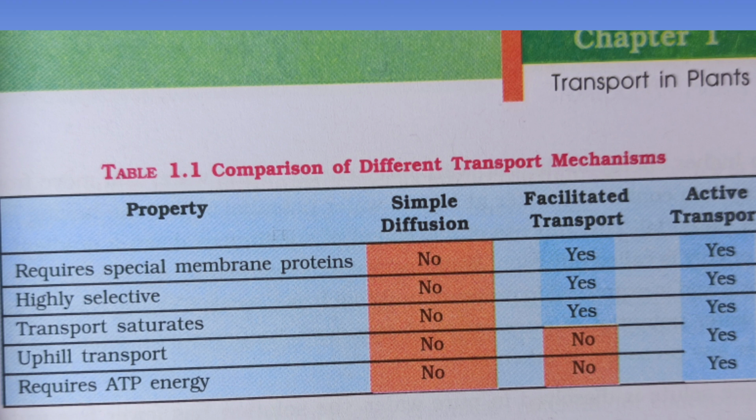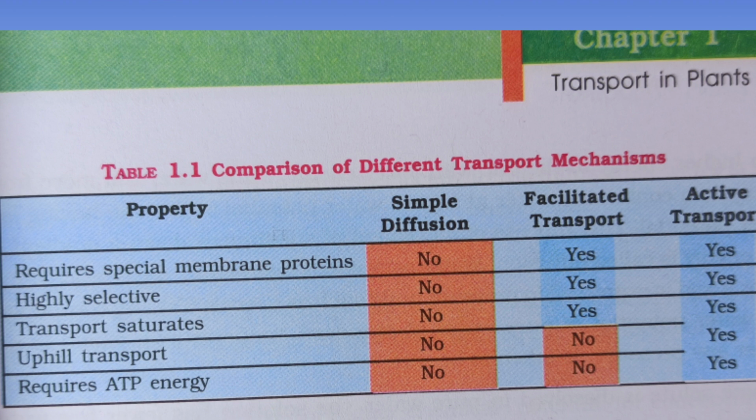If you observe simple diffusion, all the properties are no. In facilitated transport, 3 properties, requires special membrane proteins, highly selective and transport saturates, are yes, and uphill transport and requires ATP energy, both are no.